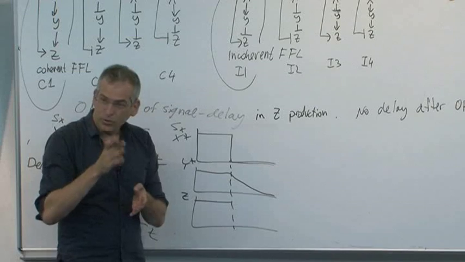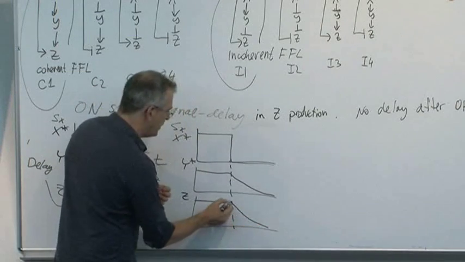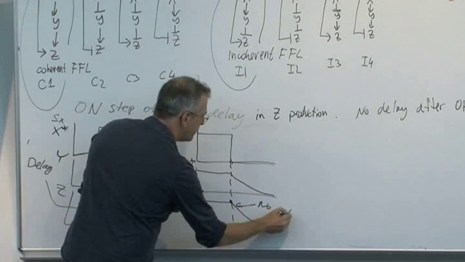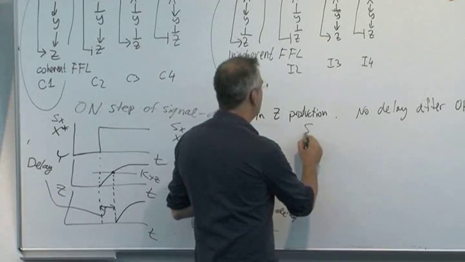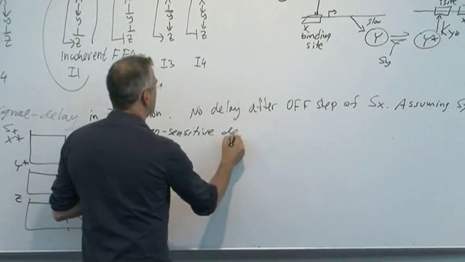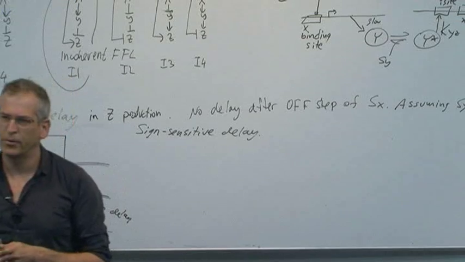So Z transcription stops immediately, and Z decays away by removal. And you see, there's no delay. So this little circuit does what we call sign-sensitive delay. It's sensitive to whether it's an on step or an off step.